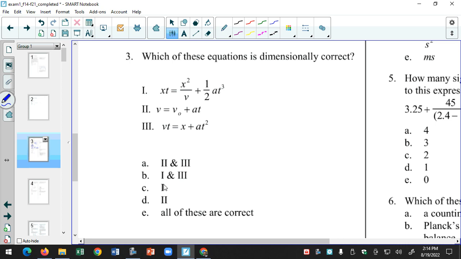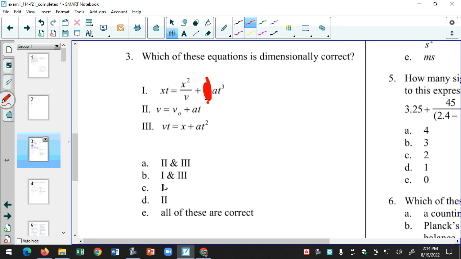Now, if there was an x in that third term up here, then I could cancel it out from all three. But remember, in an equation, if I do something to one side, I have to do it to the other side in order to still make it equal. So in order to do this, I can just forget about these constants right here, that coefficient, and then I put in the units for each variable.